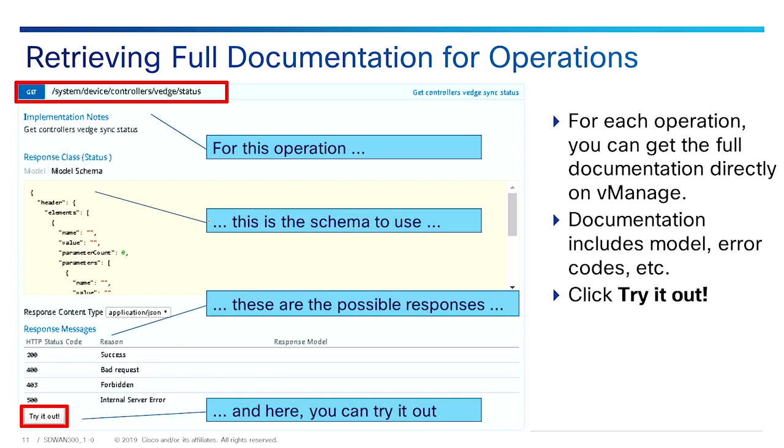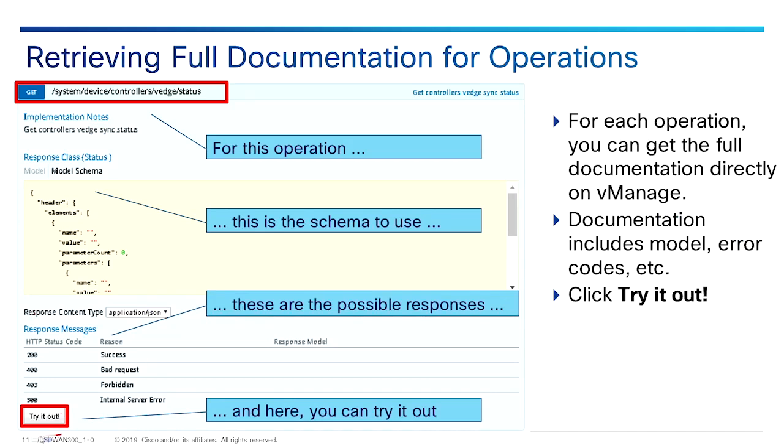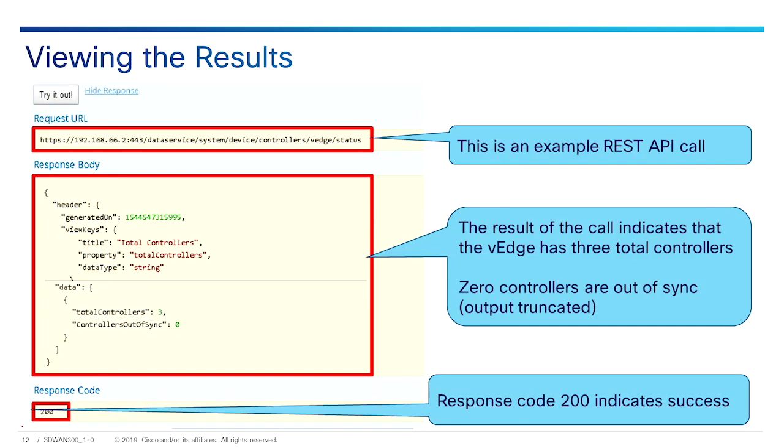Clicking a single API call retrieves the full documentation for the call, the complete syntax, and all possible return values. Click Try It Out at the bottom here to test that API on a running vManage. And then you'll end up getting the results.